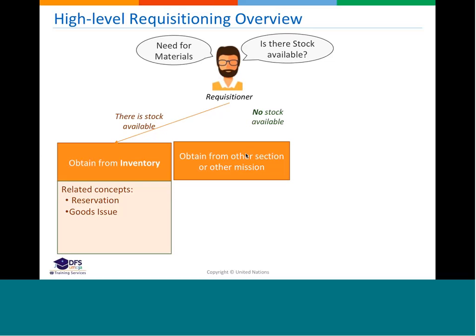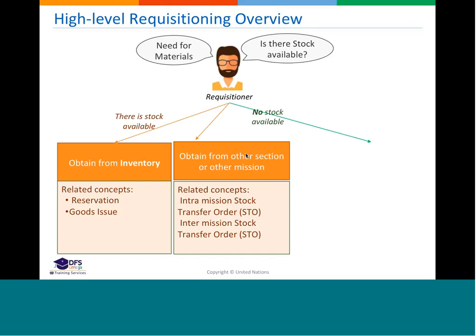First, there's another option: you can obtain it from another section or another mission. The related document in Umoja is the STO, the intra-mission stock transfer order, or inter-mission stock transfer order.